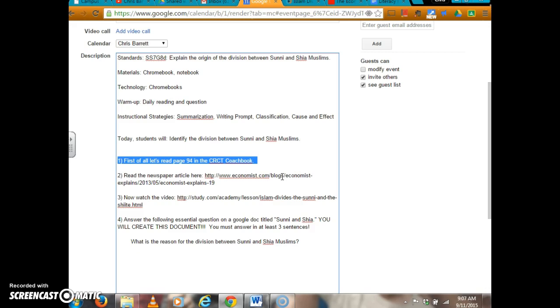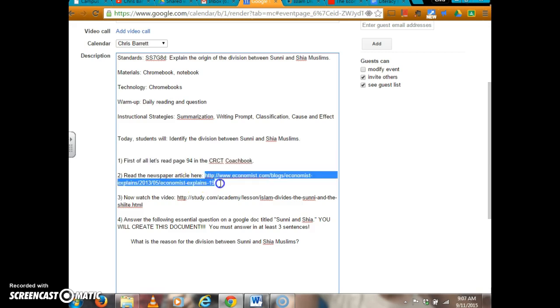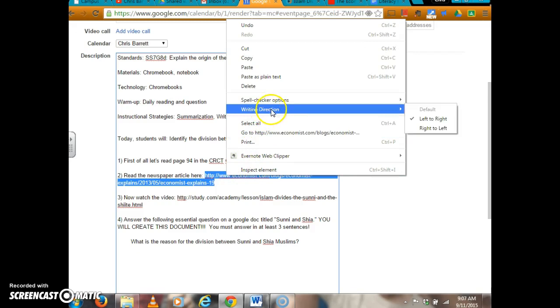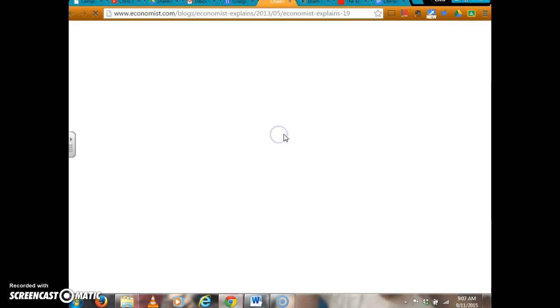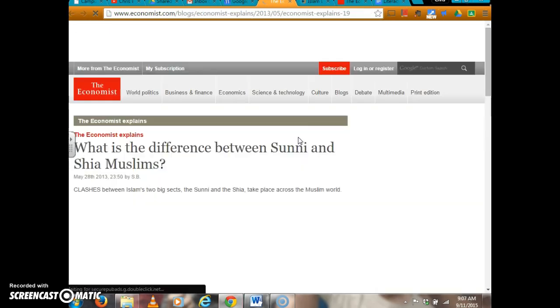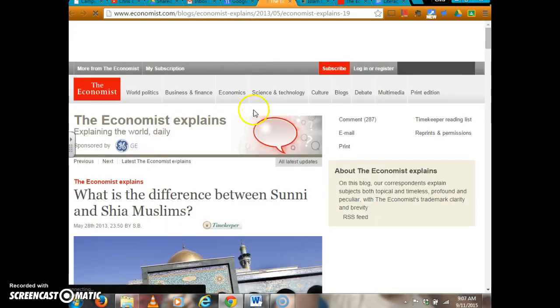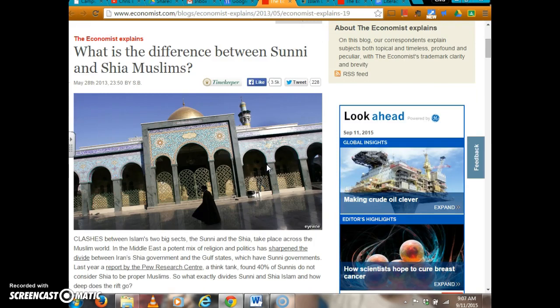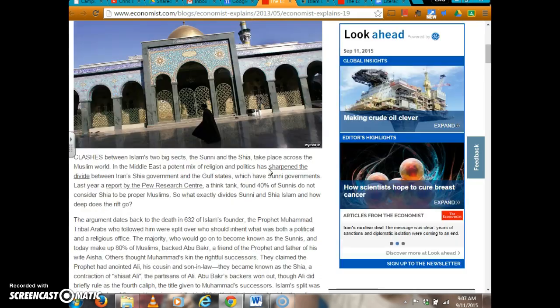All right, so then read the newspaper article. What you need to do is highlight this, right click on your mouse and go to that website, or you can copy and paste it into the URL at the top. And what it does is it gives you a very quick read about the difference between Sunni and Shia Muslims.